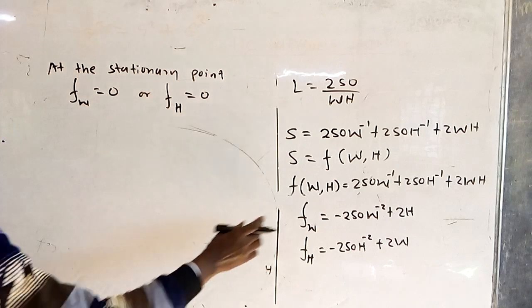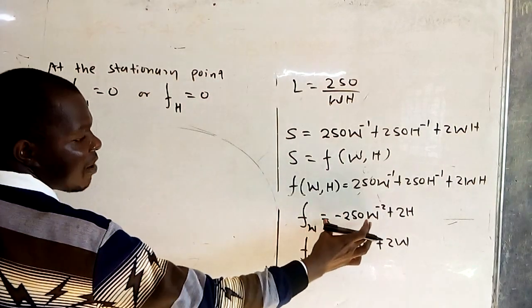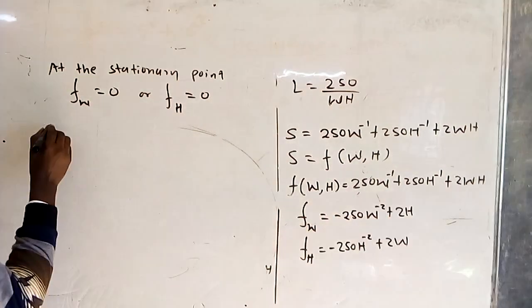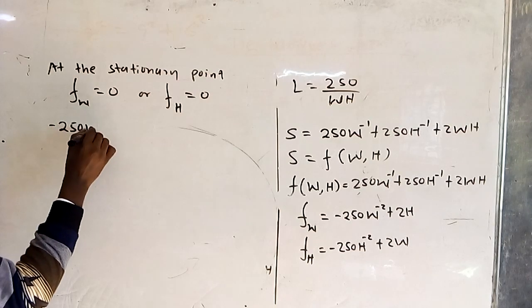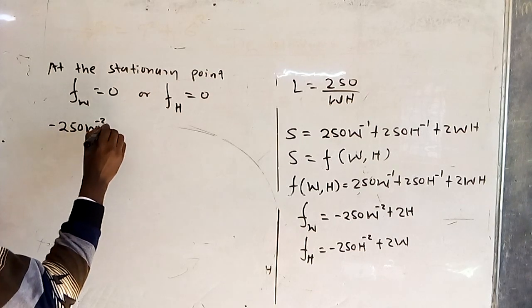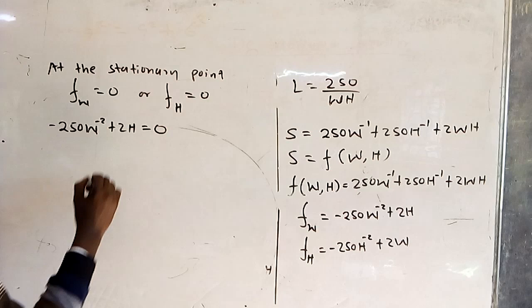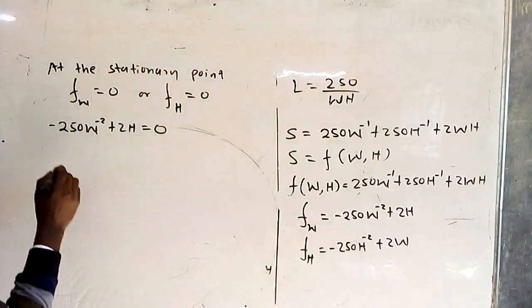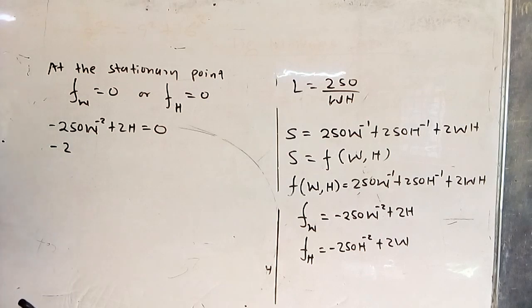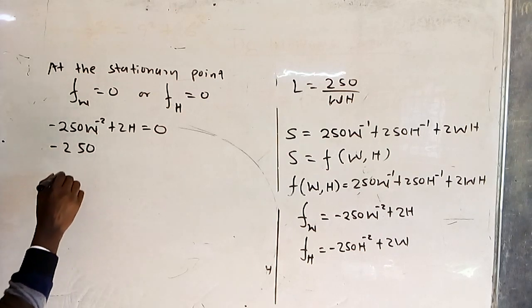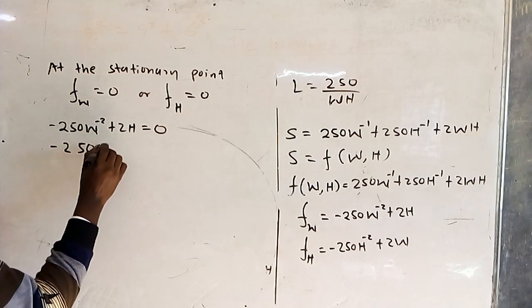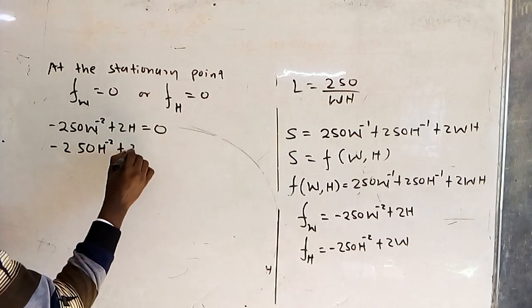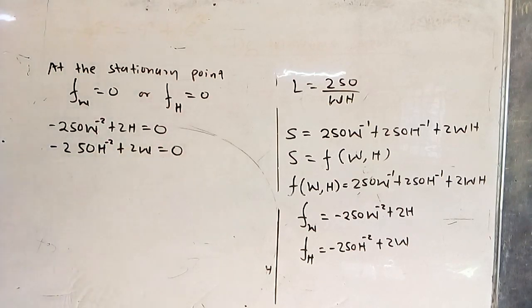So can you now call your F partially with respect to W is negative 250W raised to negative 2 plus 2H to be equal to 0. Then this function partially with respect to H, which is negative 250H raised to negative 2 plus 2W is equal to 0. Are we together?